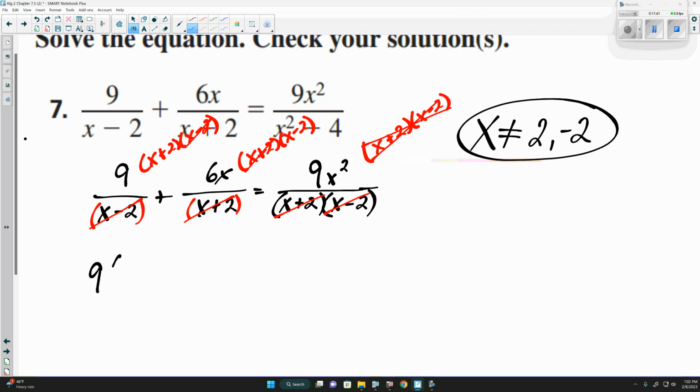And what that leaves us with is 9 times x plus 2 plus 6x times x minus 2 is equal to 9x squared.